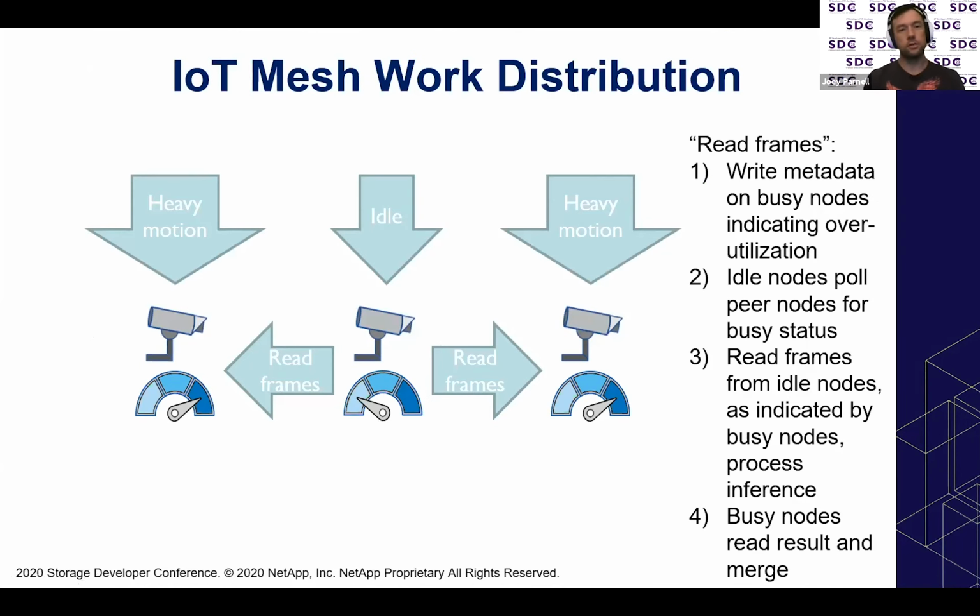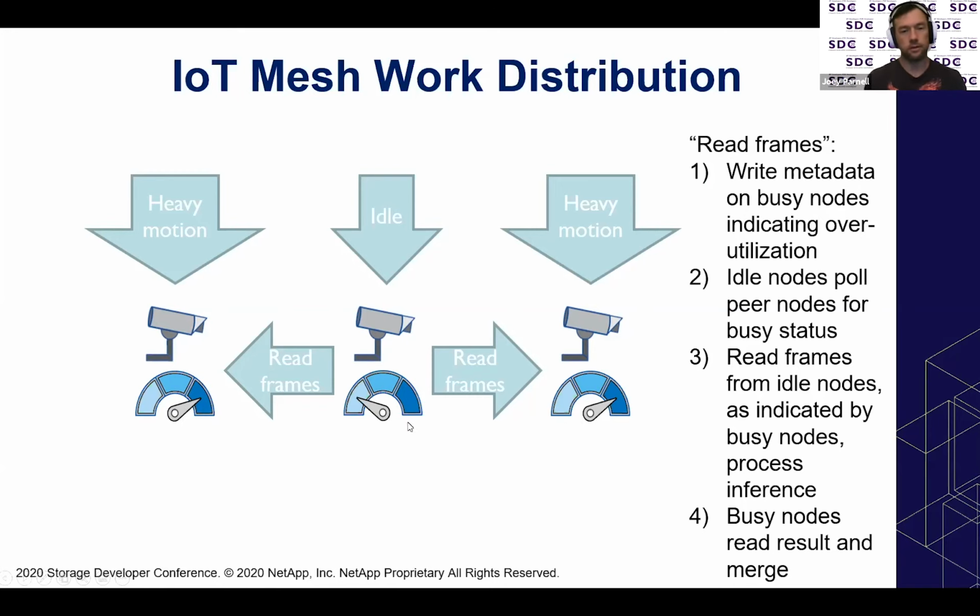So in a mesh, what we can do is distribute the work across the nodes, and I'll describe that a little bit with an example. Say you have 3 cameras in this example, 2 of which are receiving heavy motion activity in their field of view, and 1 of which is basically idle. There's no motion occurring. So you have the resources of 2 cameras being utilized to the max, and 1 camera whose resources are not being utilized at all.